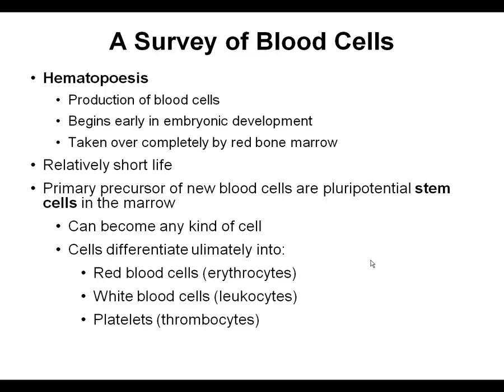This is relatively short. What's going to happen is you are going to have these precursors to new blood cells that are stem cells in the bone marrow. This is when we're going to begin to take on some lifelong blood activities. These can become any kind of blood cell that they need to become.